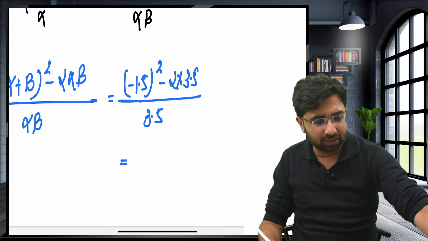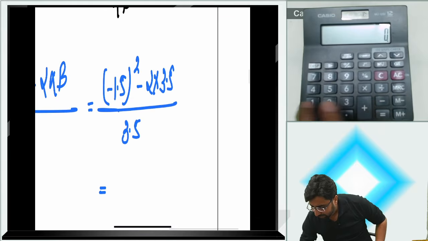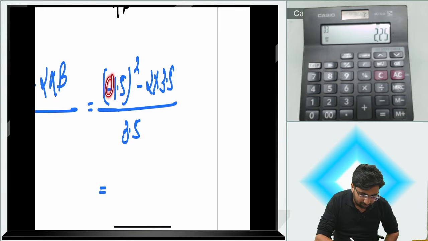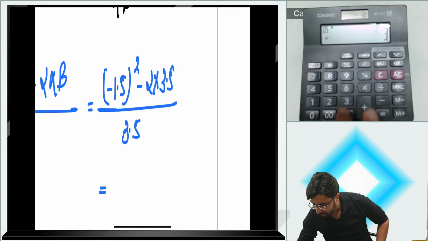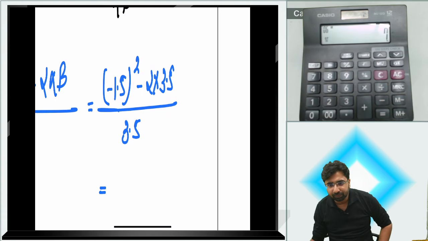Hold your calculator, guys. We need to do this. Clear the memory. 1.5 into 1.5. Since it is a minus sign but the square will make it positive, M plus. Then 2 into 3.5, you have a minus sign, so M minus. Then divided by 3.5.